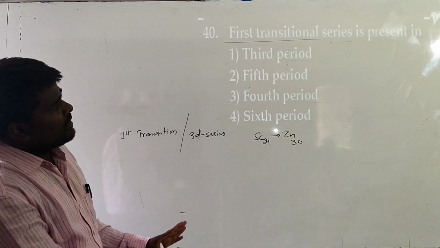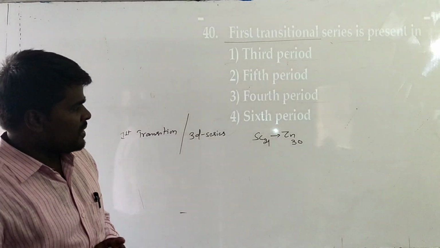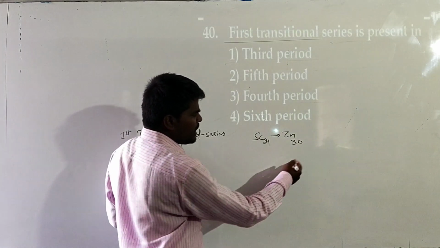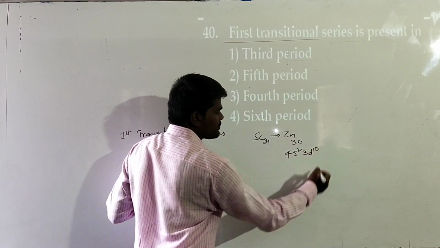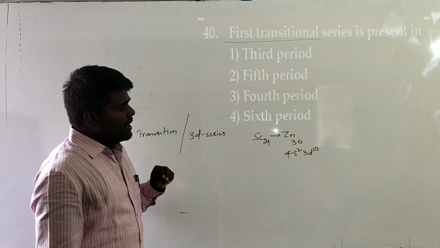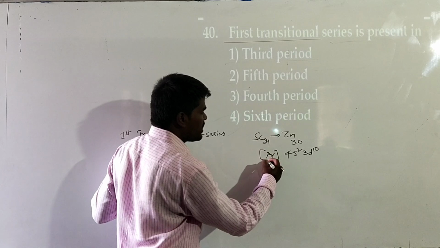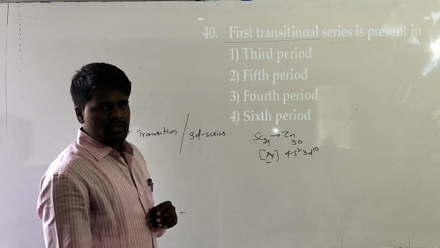Even in the question, he is asking to which period this first transition series belongs. Now, if you see the general valence electronic configuration of scandium to zinc, let me write zinc: 4s2 3d10. If you want to write the complete electronic configuration, it will be [Ar] 3d10 4s2.